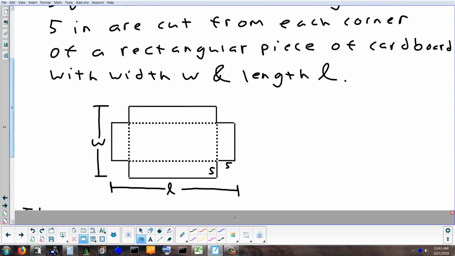So the width goes from top to bottom, length, left to right. Of course, once you fold the sides up, the actual length and width of the tray is going to be a little smaller than the width and the length of the original piece of cardboard.